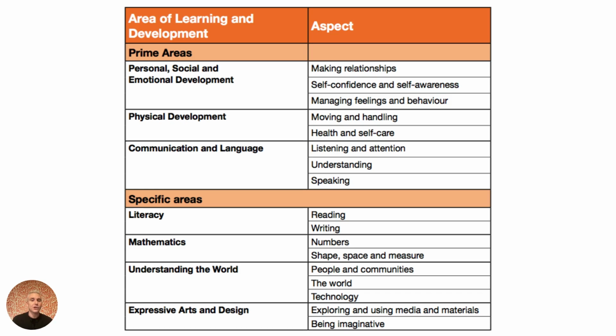Communication and language is subdivided into 3, and the aspects that relate to communication and language are listening and attention, understanding, and speaking. And so you can see on the slide the remaining aspects that link to the remaining specific areas.